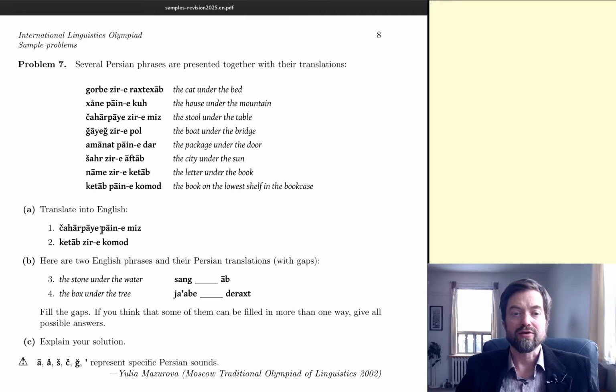Notice here in the translations, one of them has paine and one of them has zire. So already you're starting to get the idea that this difference between paine and zire is going to be important here. And yeah, I don't immediately see what that is. Interesting.